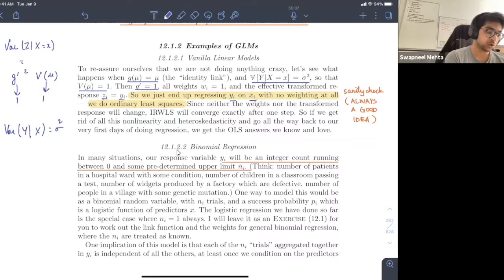So we basically do ordinary least squares because this variance of z given x is equal to these weights, right? Wi. We saw this, and basically we are saying the weights are all one, 1 over 1, which is equal to 1. So yeah, that is a good sanity check to have when you're trying to generalize concepts to more complicated aspects.